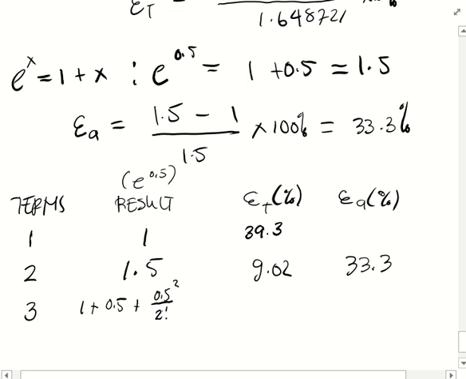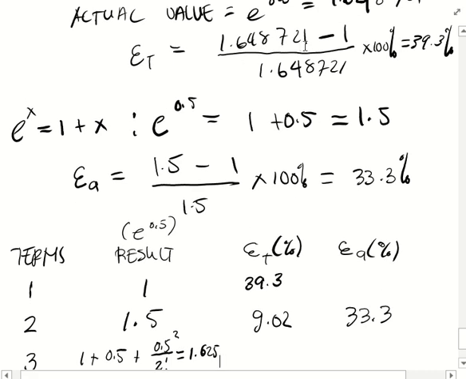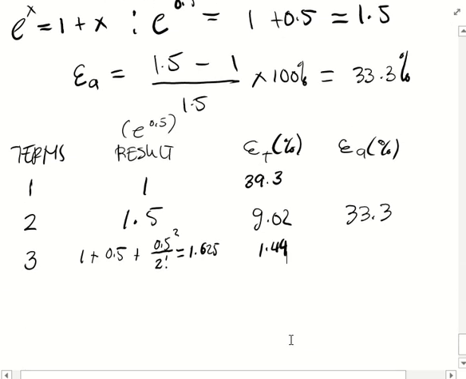So the result, including the third term, will be equal to 1.625. If that is the result and you want to solve for the true error, it will be 1.648721 minus that one, and the result will be 1.44%, and that's absolute.